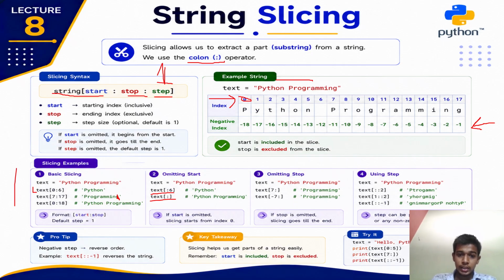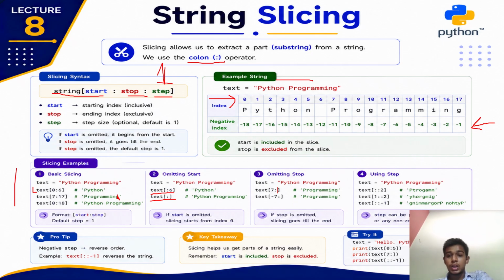Now, let's understand the third example, omitting the stop. Suppose we write text[7:] and we don't write the stopping value.